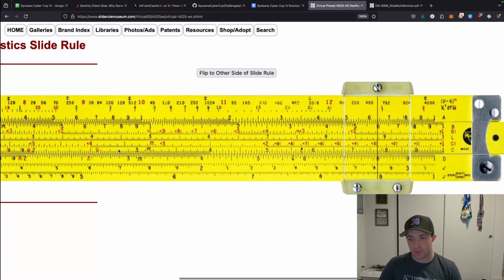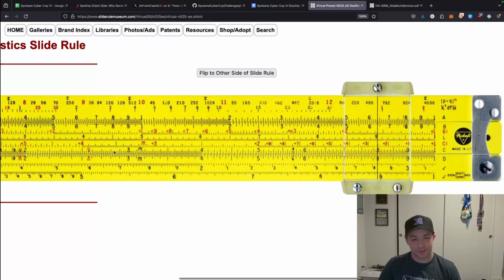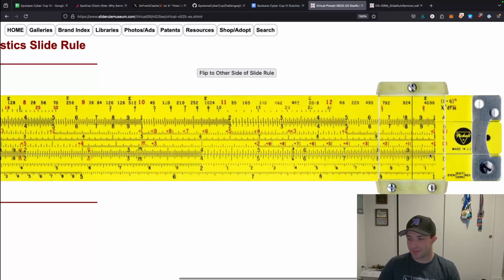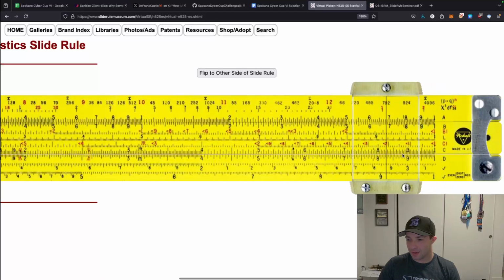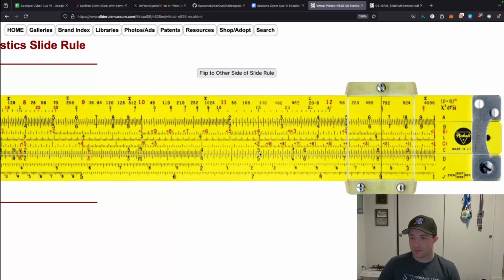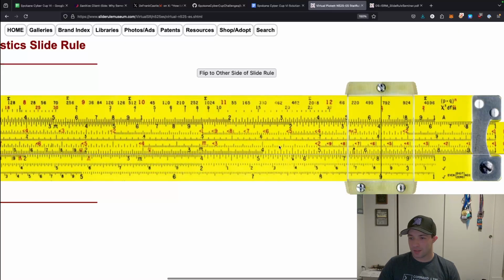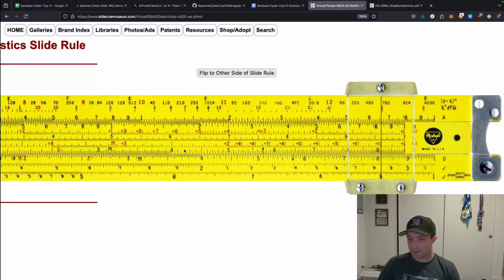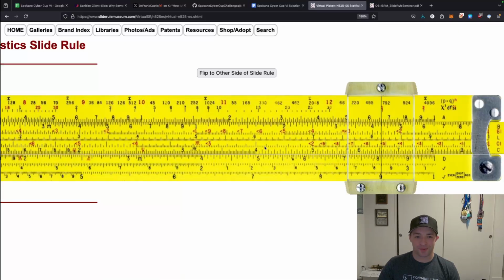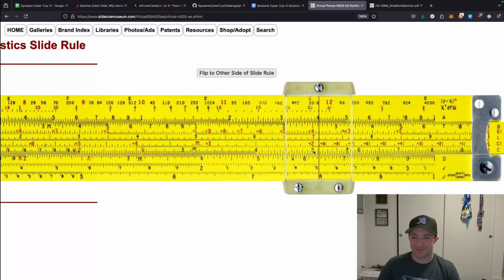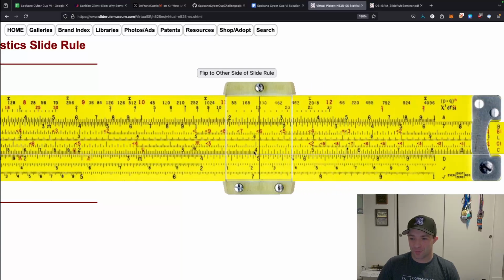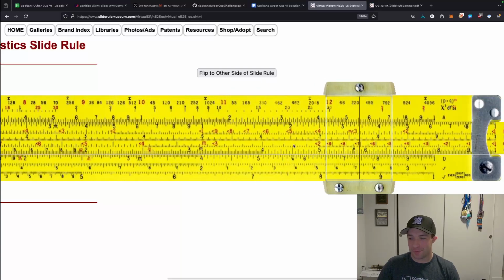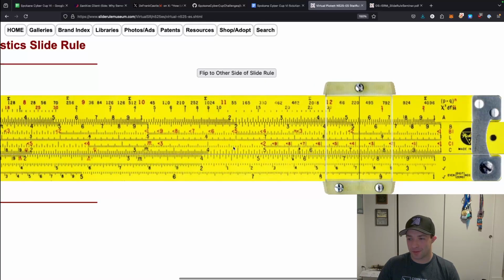We do the same thing with 81. That doesn't work, because I think you need wrap there, but we'll do 6 divided by 2.